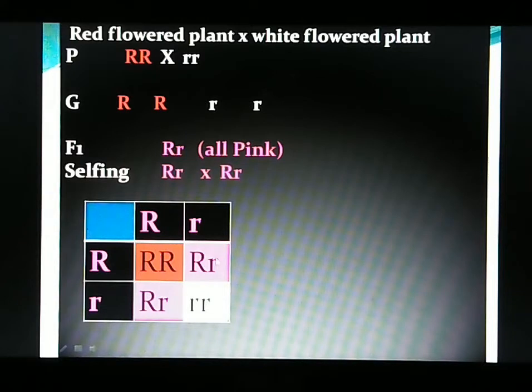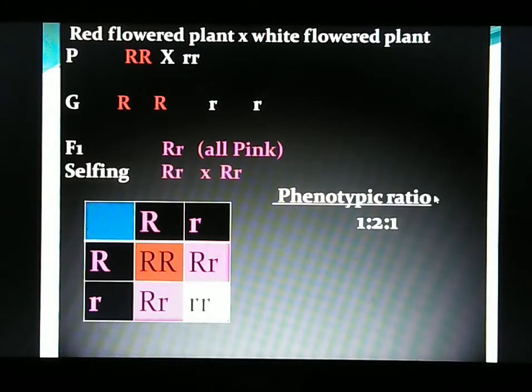Half of the plants have pink flowers and 1/4 of the plants have white colored flowers. So that indicated phenotypic ratio as 1:2:1. We can see here there is one red flower, two pink flowers and one white flower.